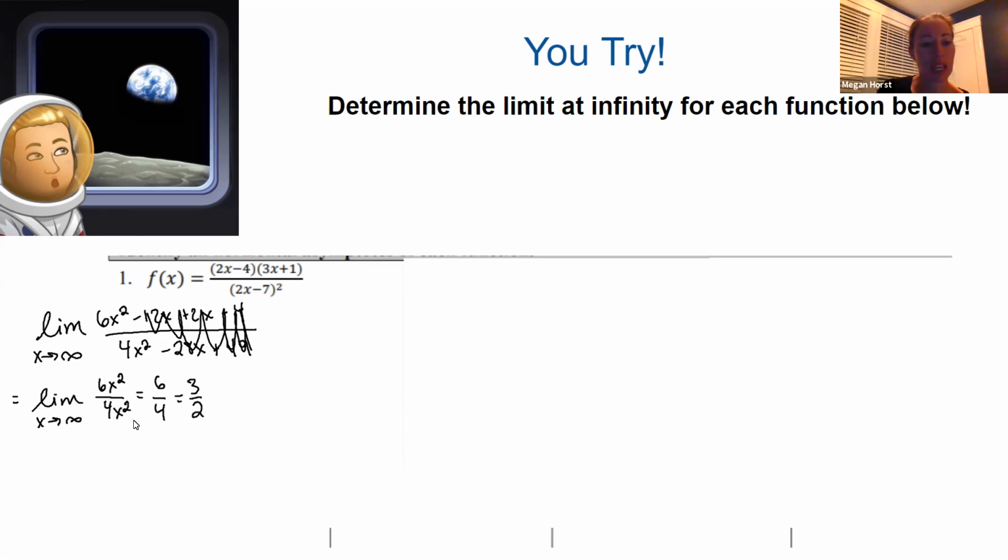And because these cancel out and they're the same degree, my only horizontal asymptote would be y equal to 3 halves. Even if I were to put a negative infinity into here, it would force them both to be positive, and they're increasing at the same rate because they're both squared. So my only horizontal asymptote would be y equal to 3 halves. If I'm just examining the limit, we're going to get 3 halves as it goes to positive infinity and negative infinity.